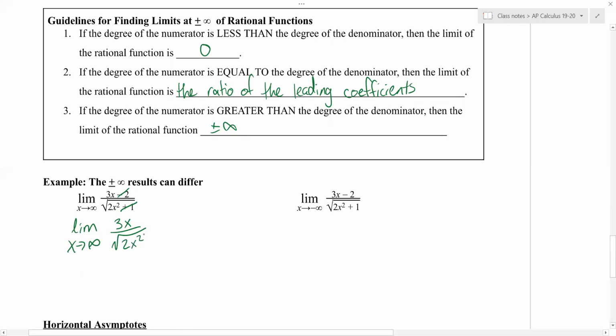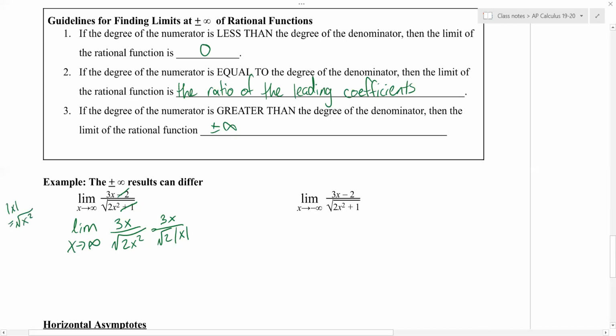Well, we have a square root and x squared, so we can cancel those out, but be careful with your sign. Whenever you have a square, it makes it positive. So that will be 3x over the square root of 2, making it positive, so absolute value of x. Actually, the definition of the absolute value of x is the square root of x squared.